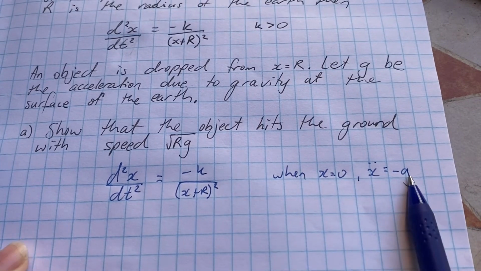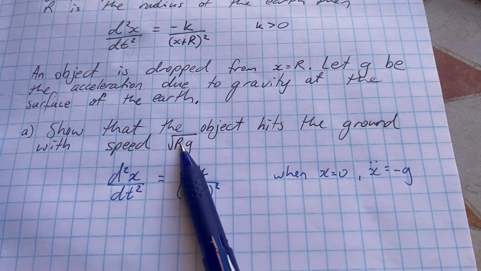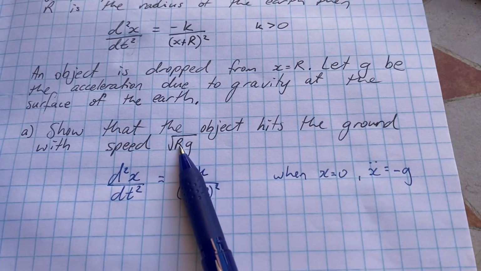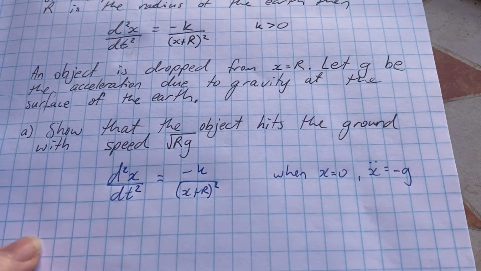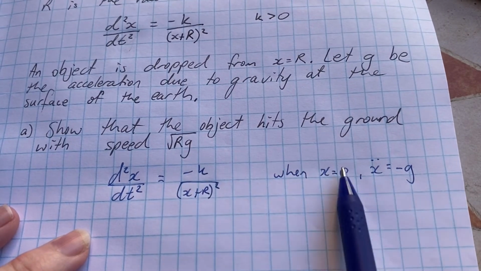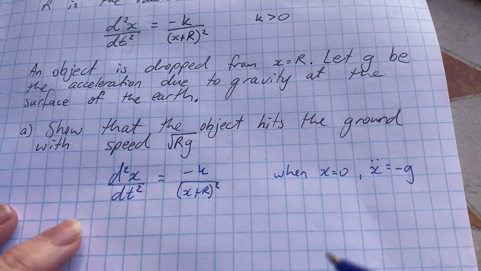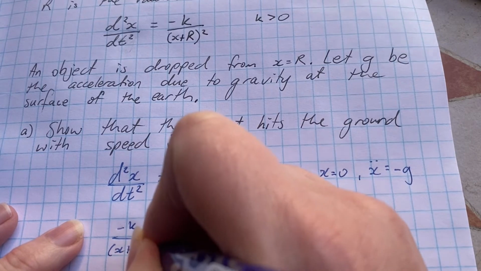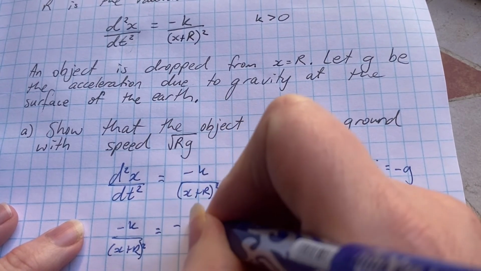Negative because it's being pulled down. Remember, g is a positive number, so this thing here is positive too, by the way. The radius of the Earth and the gravity, both positive numbers. So let's work out what that is. We're just going to find out what this k is by using these values that we know. So negative k over (x plus r) squared is equal to negative g.